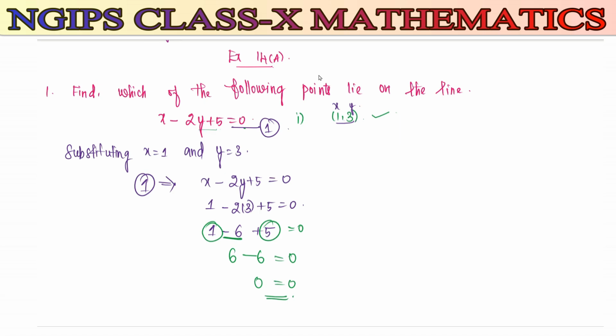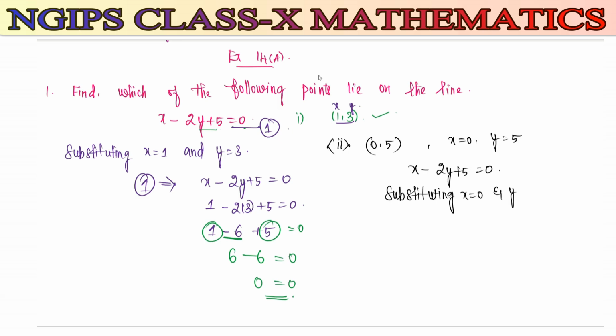The second point we have here is 0, 5. So we know very well x is equal to 0, y is equal to 5. We have the equation x minus 2y plus 5 is equal to 0. We have to get LHS is equal to RHS. Now I am going to substitute x is equal to 0 and y is equal to 5.